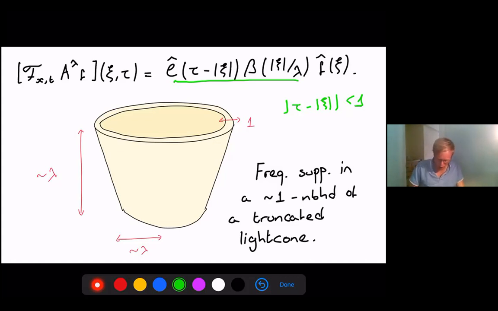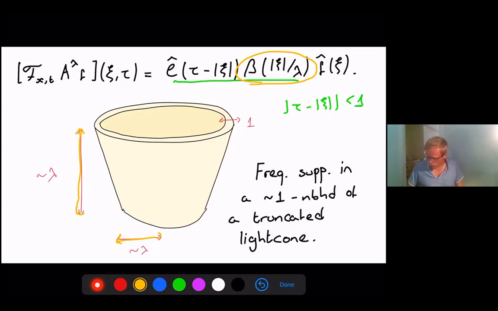And we've also got this beta function, and this is going to localize xi to be about size lambda. So we're going to truncate this light cone to a piece that's about height lambda away from the origin. So it has radius lambda, and then it has height lambda. Okay. So this picture shows us this xi, tau support of these localized averaging operators.